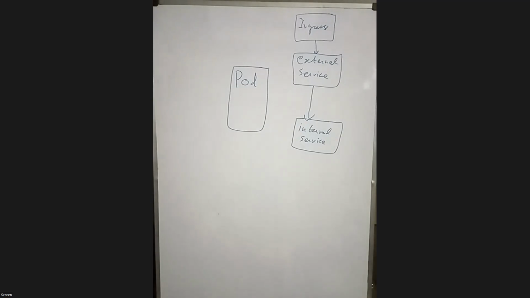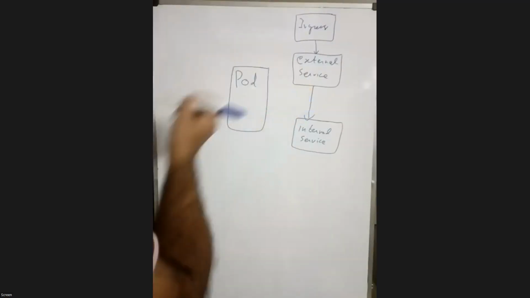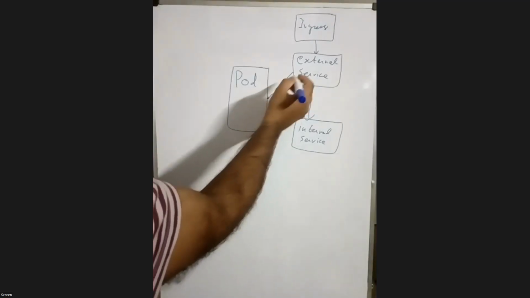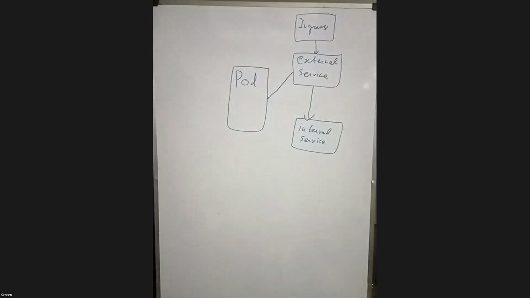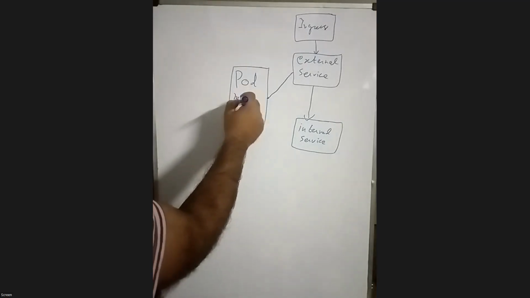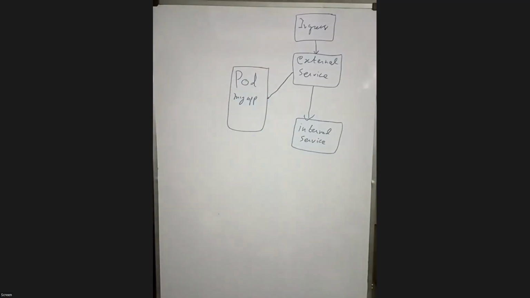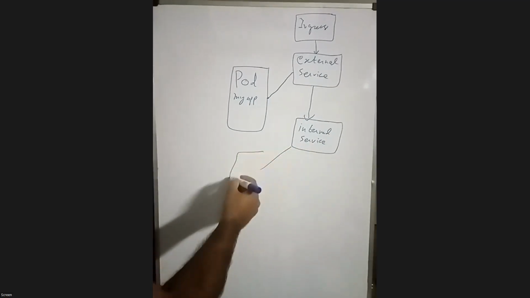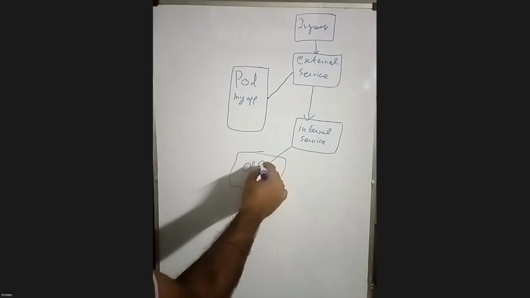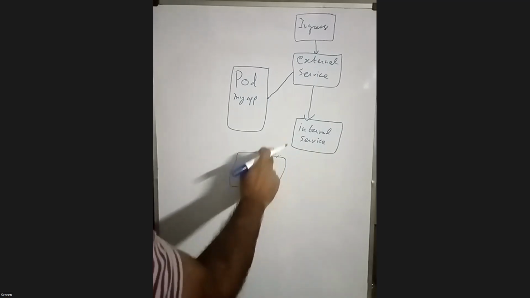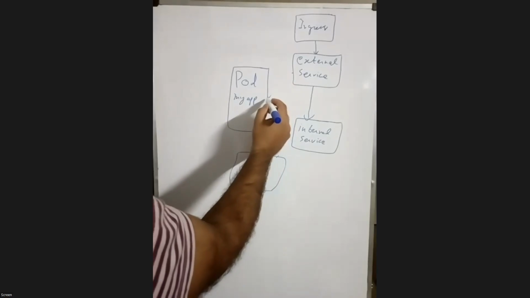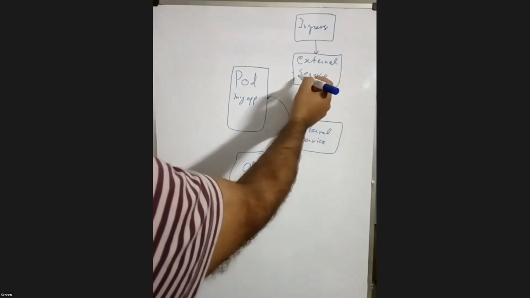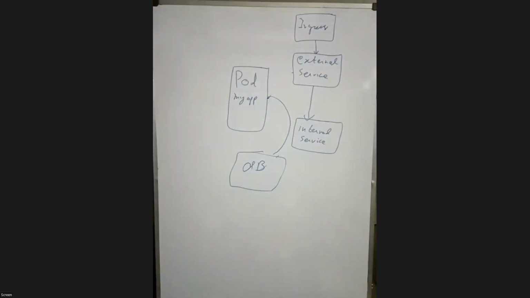So the external service is attached to our pod, and there is my app running on it, my app pod. And the internal service is connected to our DB pod. So they will communicate through the internal service, and the external service will communicate to this pod.